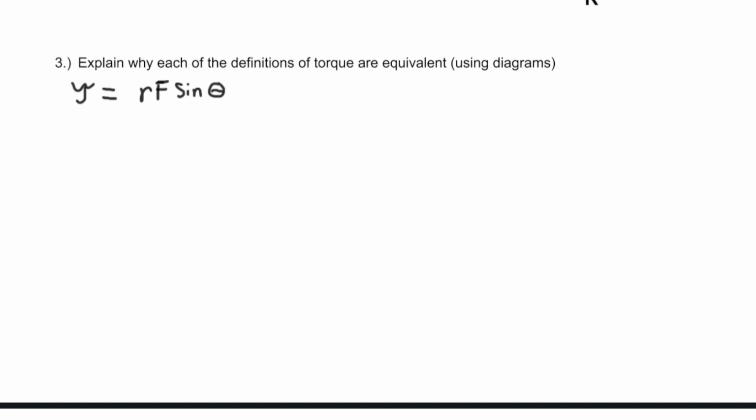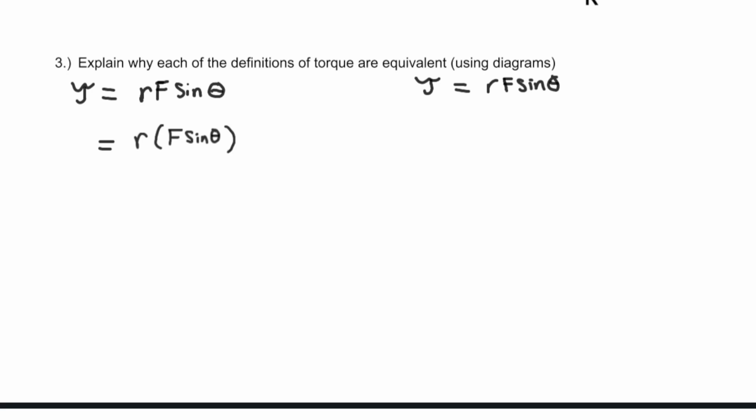So line by line, I'm just going to work out symmetric sort of derivations here. So the first thing we could do is associate the sine theta with the force. So we could tack on the sine theta to the force itself.